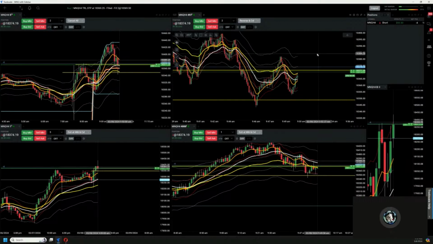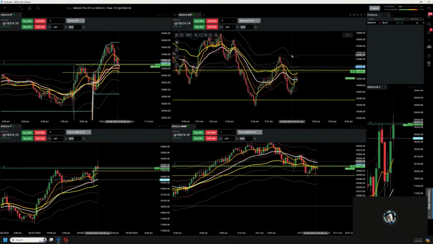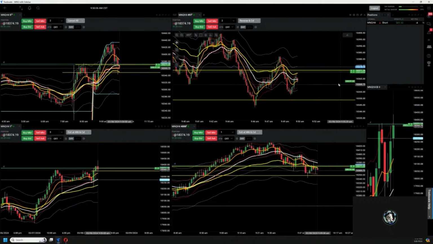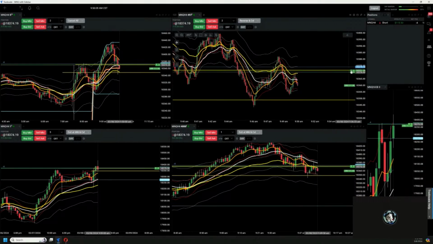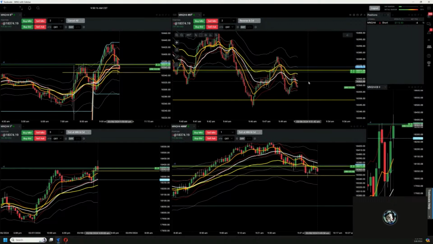Stock filled. This is why I took profit, because the volatility has picked up. We do have that momentum cross starting to happen on chart 4.